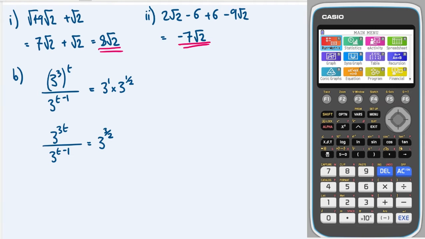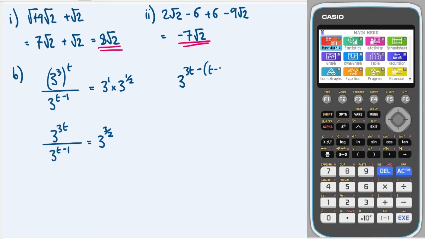Okay, and here we're going to be dividing 3's, which means we subtract the powers. So I'm going to end up with 3 to the 3t minus t minus 1. And that's equal to 3 to the 3 over 2.